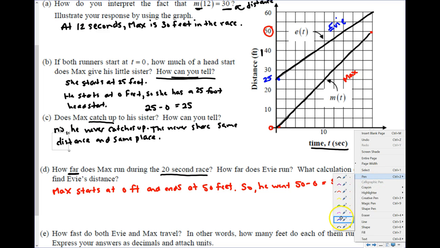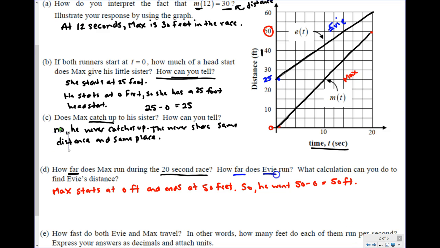Now the next part of the question asks, how far did Evie run? Well, Evie didn't start at 0. She started at 25, right? So she starts here at 25, and where does she end? I'm pointing at the graph now, she ends up here at 60.